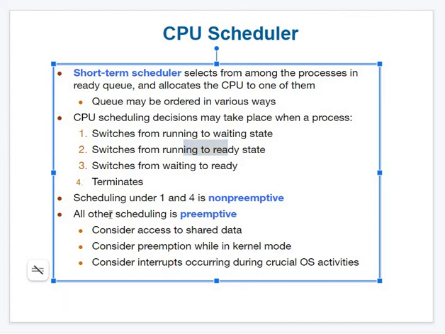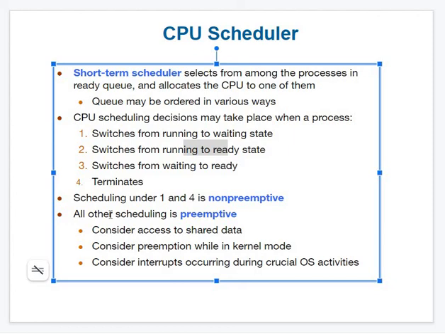The CPU scheduler has 2 types of scheduling methods: one is preemptive and the other is non-preemptive. How both actually work, you are going to see in the future problems.